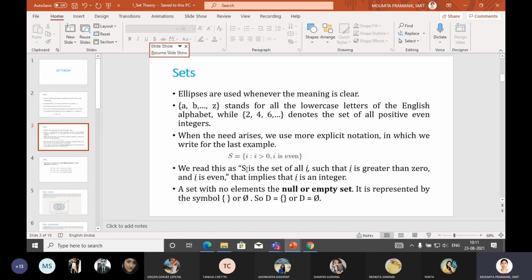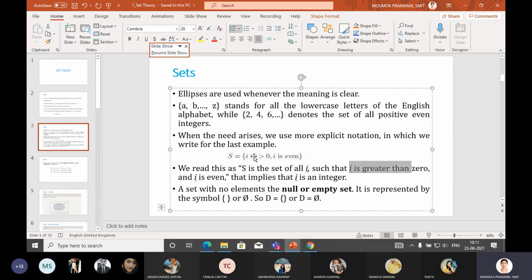This S is a set of all I such that I is greater than 0 and I is even. The colon is read as such that. So here you can notice that we are saying the set is a combination of all the even integer values greater than 0. This way we can represent the set also.